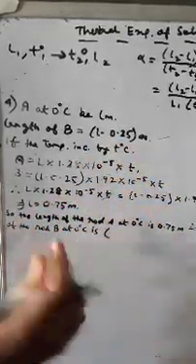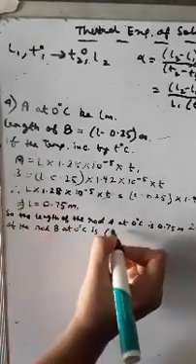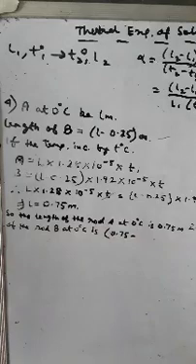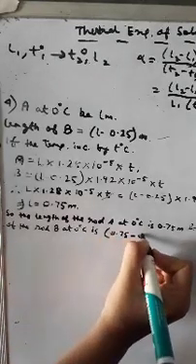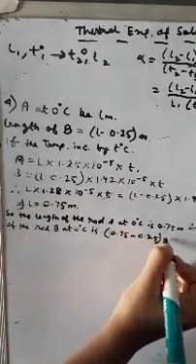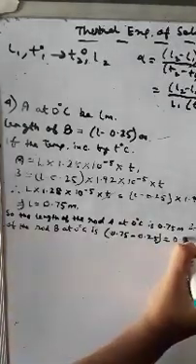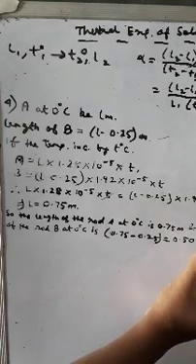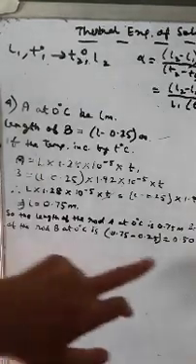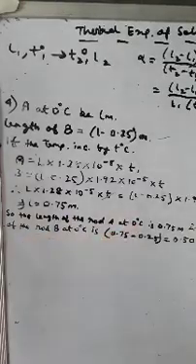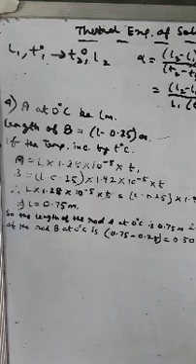That means your L value is now 0.75. So 0.75 minus 0.25, what will it be? It will be 0.50 meters. So the length of rod B is 0.50 meters, and the length of rod A, the value of L that we have calculated, is 0.75 meters.